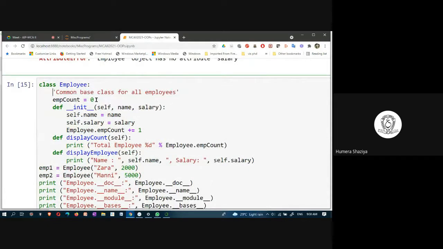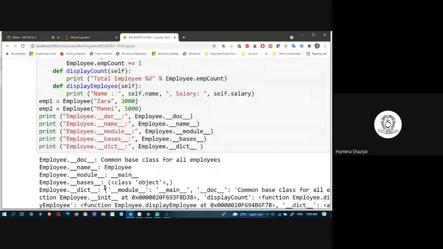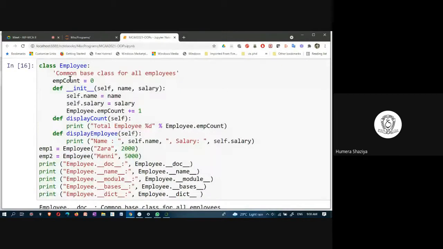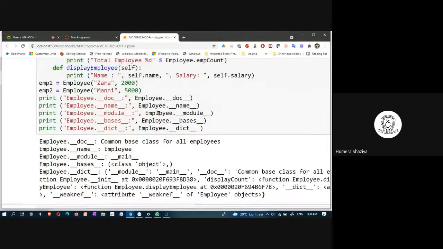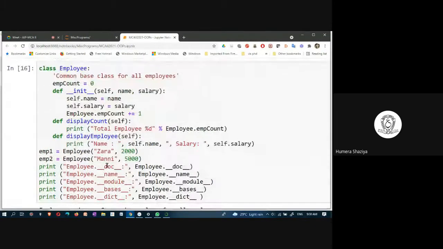If you uncomment this and try to run, the documentation would be "Common base class for all employees." This is the documentation string that gets printed with the doc attribute. The name of the class is Employee.